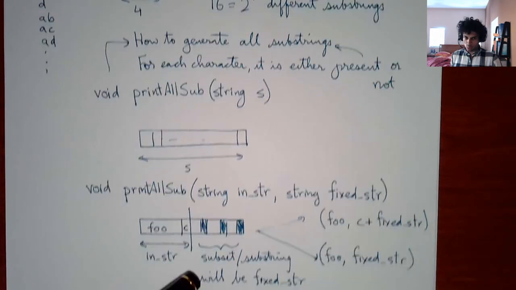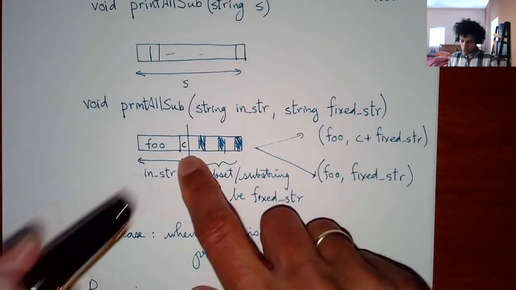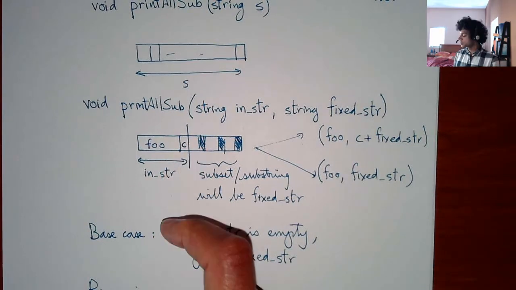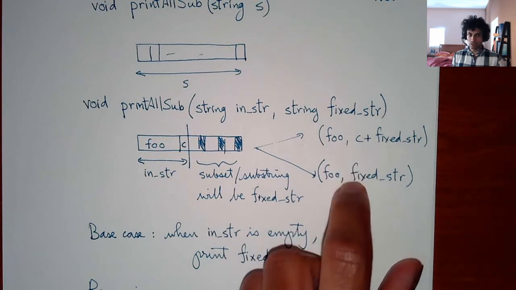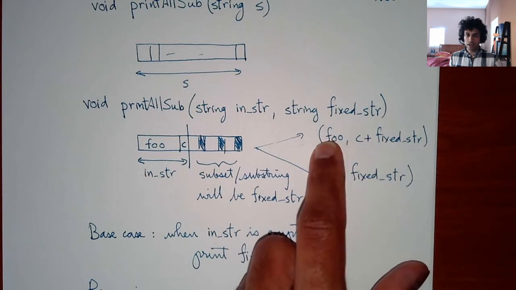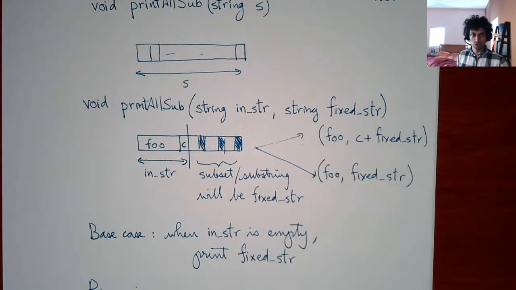So the way it works is each recursive call is looking at a particular character and saying, do I want to keep it or not? This is keeping it, this is not keeping it. So I keep track of whatever has been kept, and I'm keeping track of the things that I still need to make decisions for. Does this make sense? Questions? Yes.